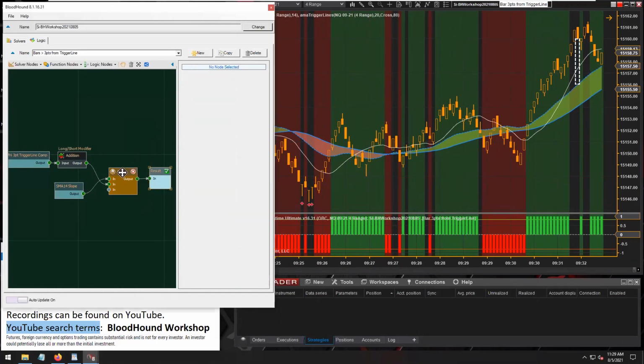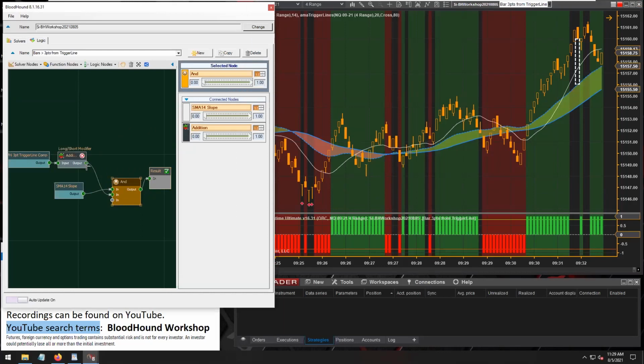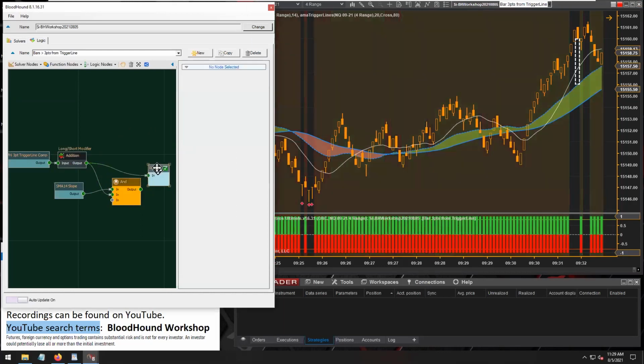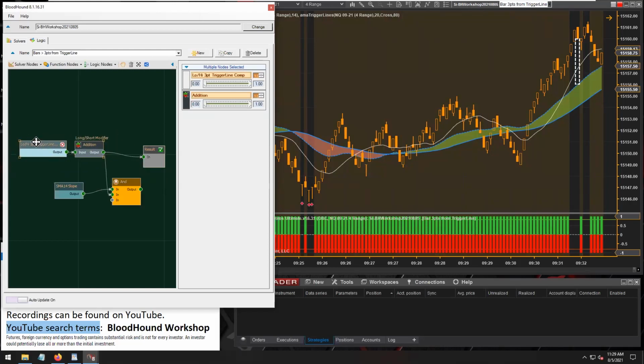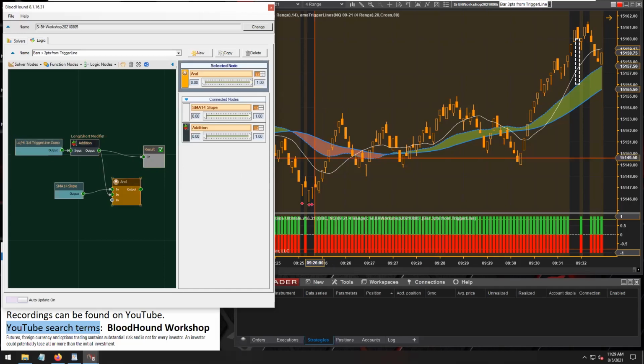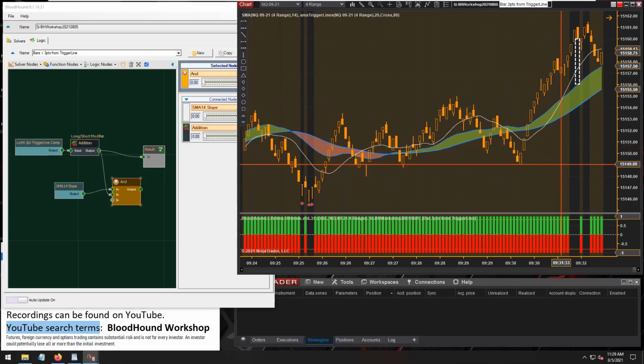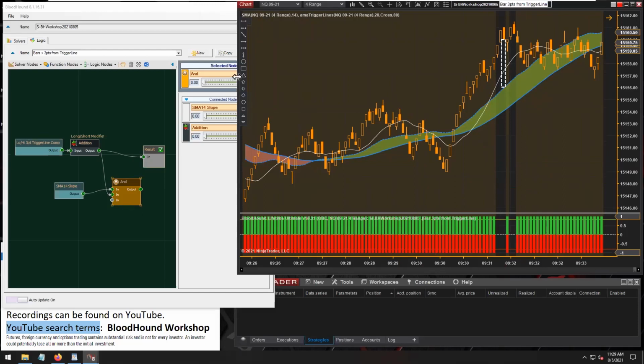So the key thing to remember is the logic that you're building, this separation logic that we're using to prevent signals. Remember that when you're using an AND node, you want no output when that separation occurs.